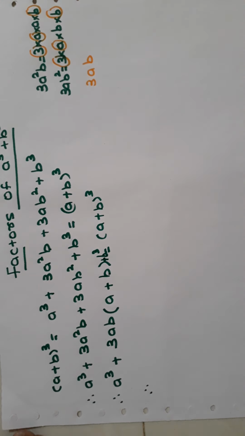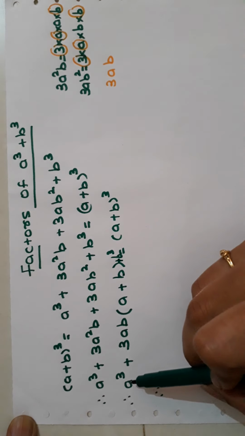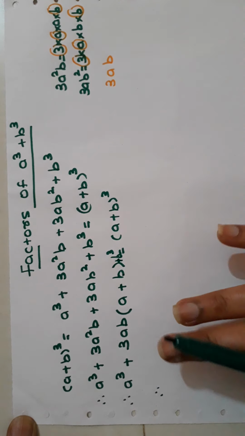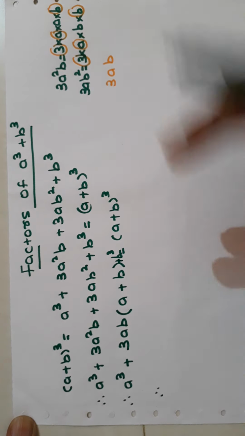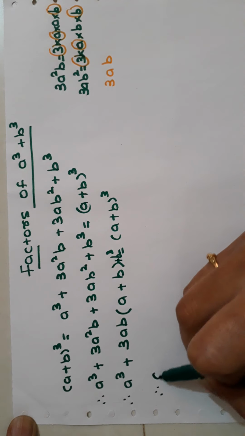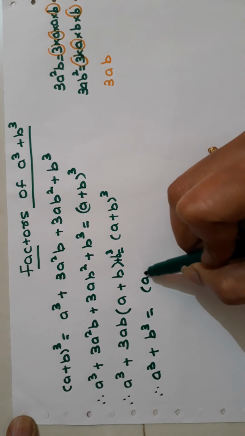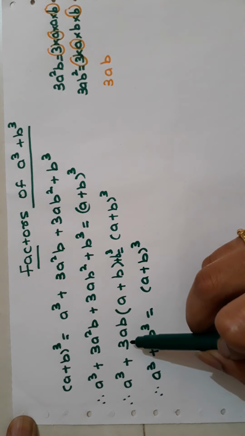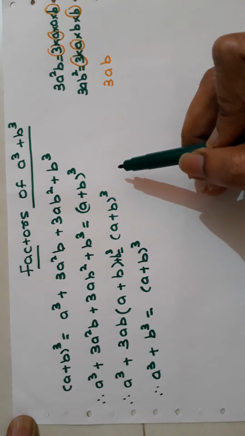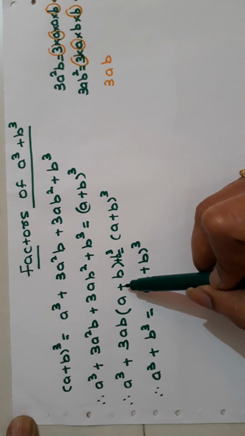Now since I need to find the factors of a cube plus b cube, I'll keep the terms a cube and b cube on the left hand side and take the term 3ab into (a plus b) to the right hand side. A cube plus b cube is equal to (a plus b) the whole cube. Here it is plus, so when it is shifted from the left hand side to the right hand side, the sign of the term 3ab into (a plus b) will change.